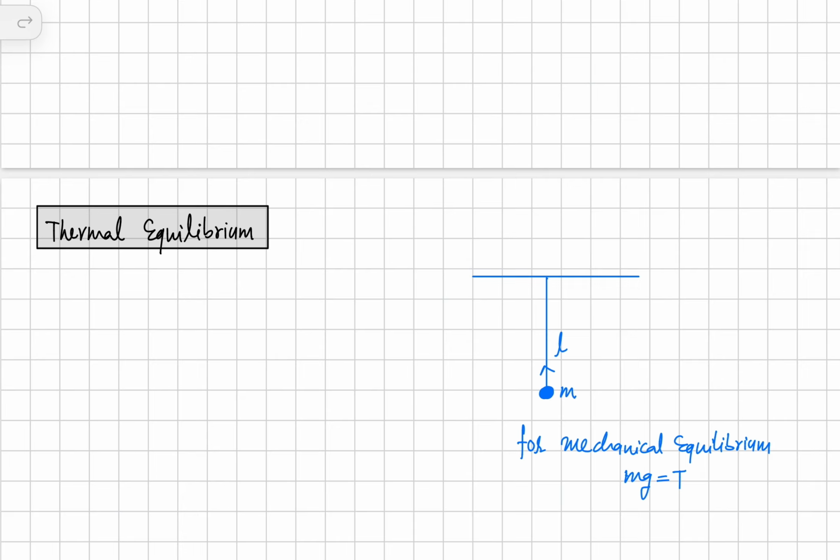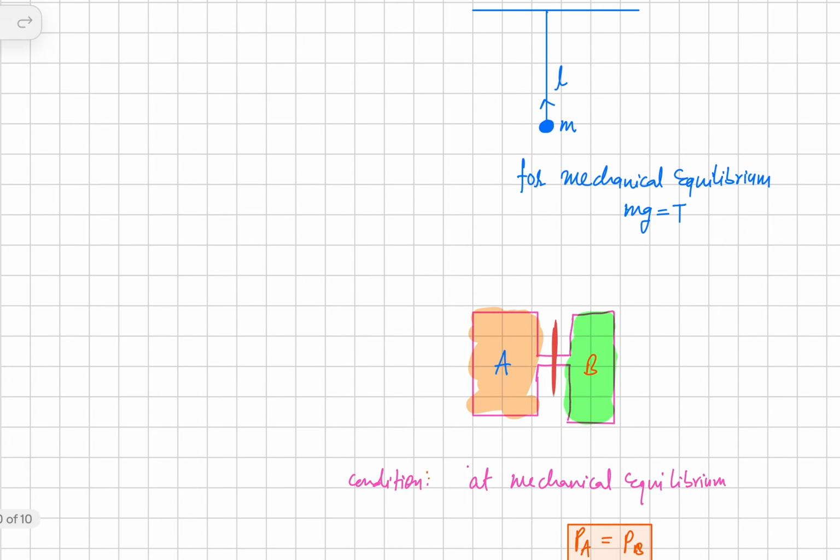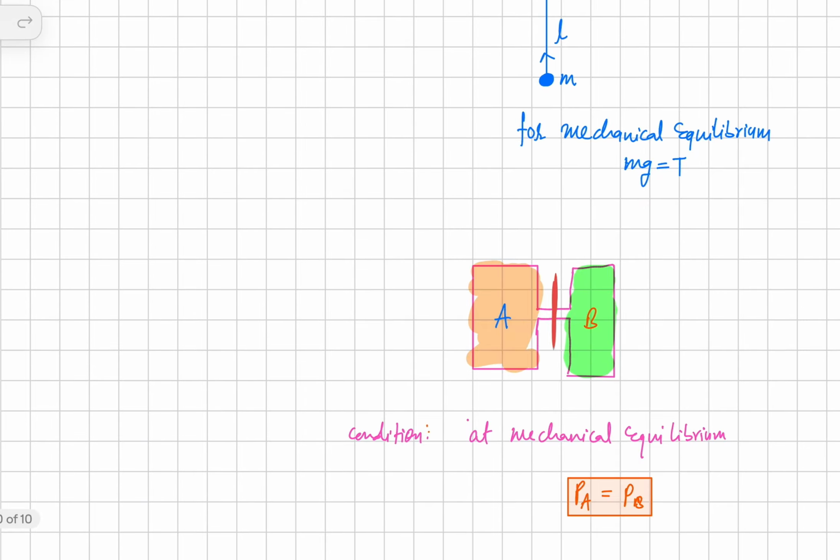The result is that temperature is a quantity, a physical property of a system that remains the same for every system if these systems are in thermal equilibrium. Okay, I think now you are able to connect the dots. For mechanical equilibrium the pressure of the systems is the same.